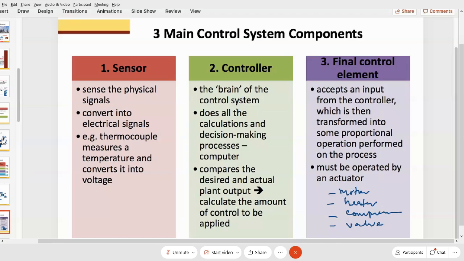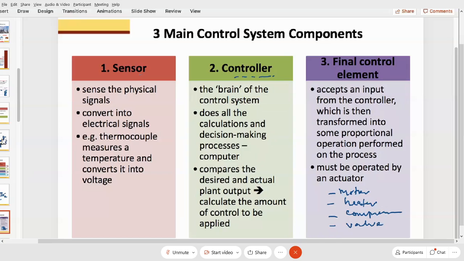So the controller makes a decision. To compare the input and output, it tries to decide how much power we need to give to the motor, how much power we need to give to the heater. So it depends on the difference between your set point and the current output, the actual output. The difference will be translated by the controller.